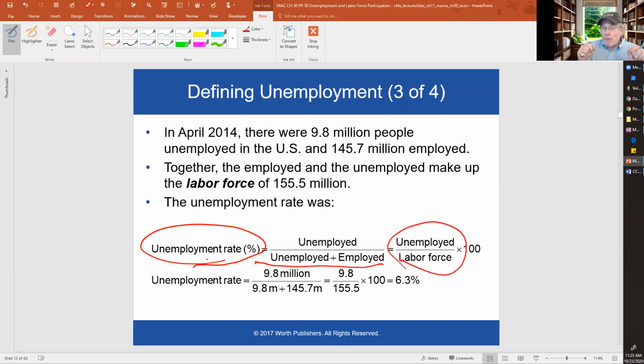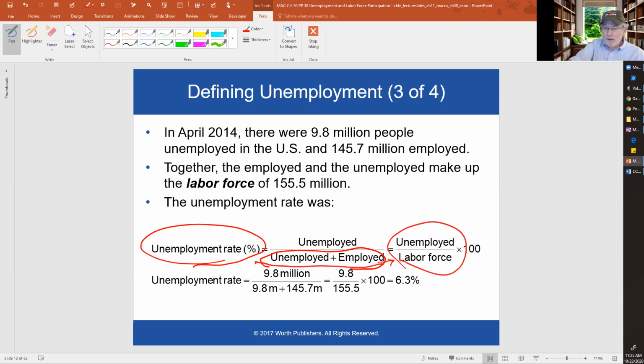The unemployment rate is a percentage, and it is defined as the number of unemployed workers over the number of unemployed plus employed. When you add unemployed to employed, that gives you the labor force. So you can remember the unemployment rate as the number of unemployed workers divided by the labor force, and then you multiply by 100 to convert it into percentage terms.